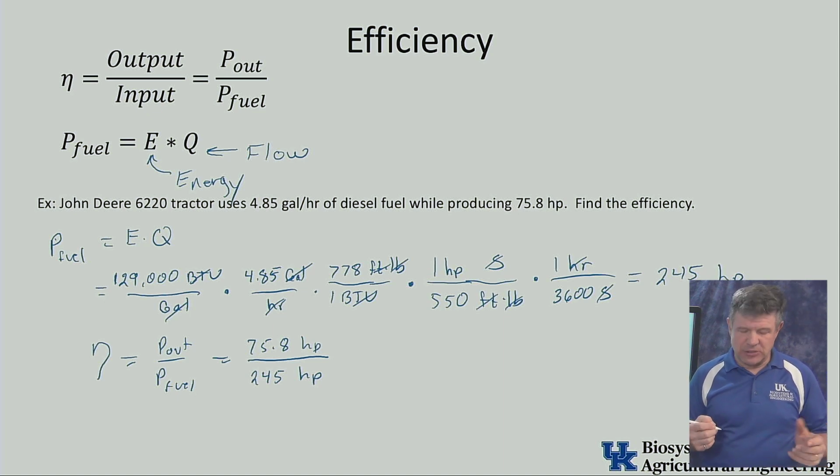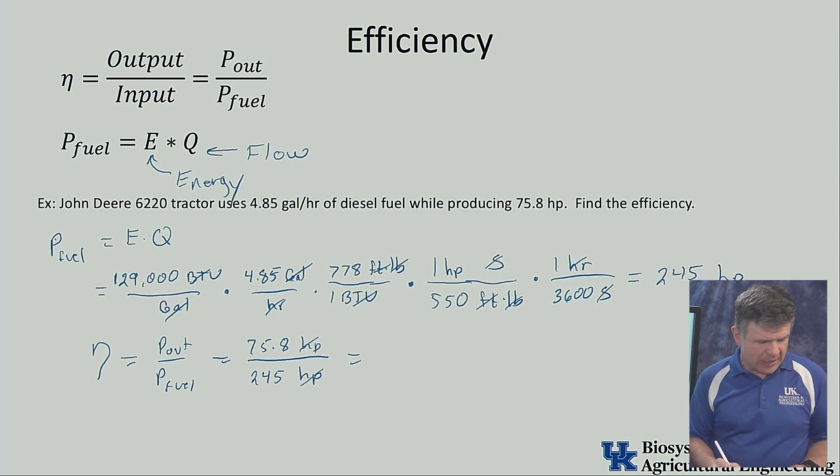This is an efficiency, so the units are going to cancel, horsepower cancels off, and this comes out to be 0.305, which I can multiply by 100. That's 30.5%.